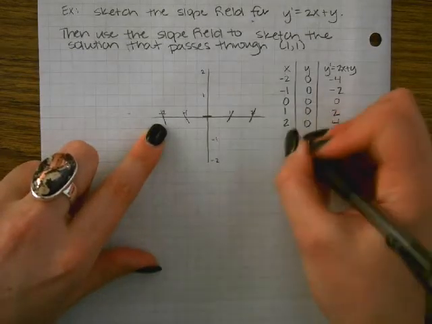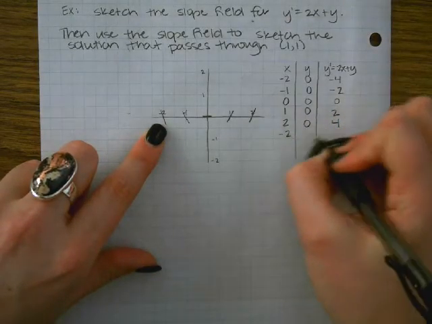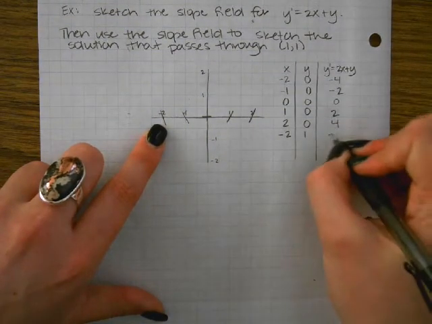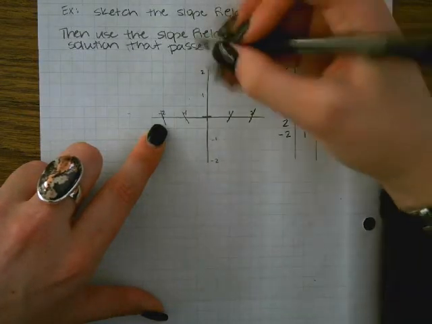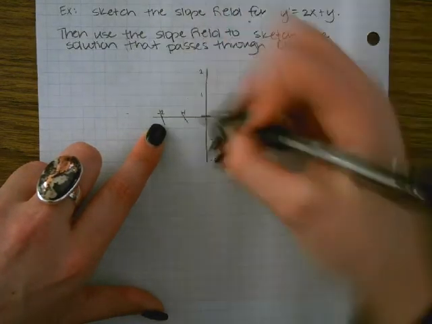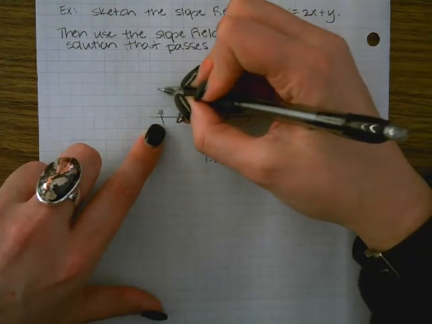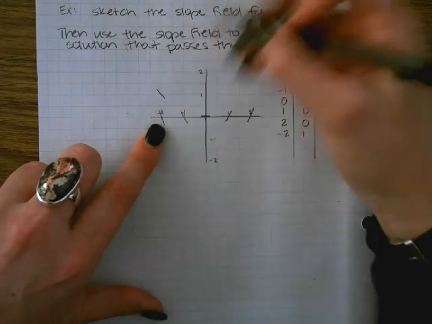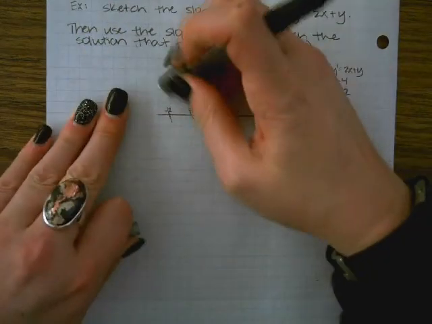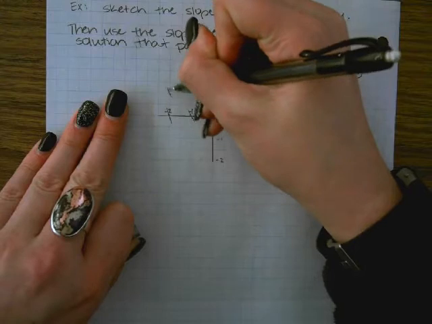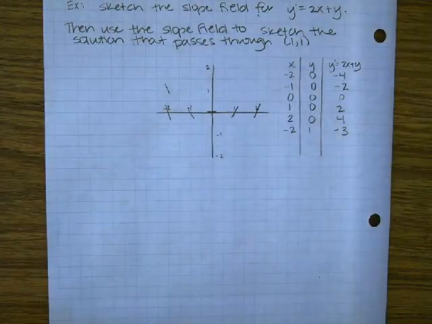What if we do the point -2, 1? -3. So that's going to be more steep than this one, but less steep than that one, right? No, that was not a good level of steepness. Okay.